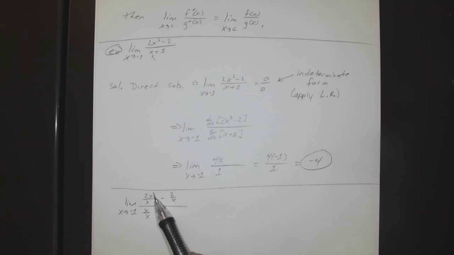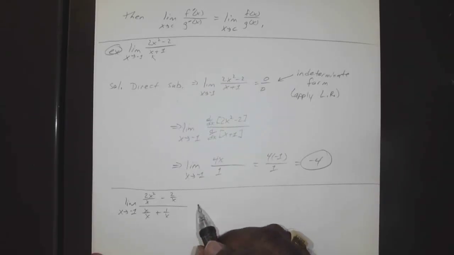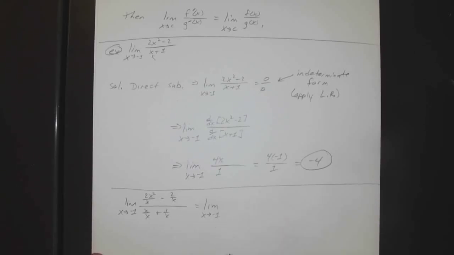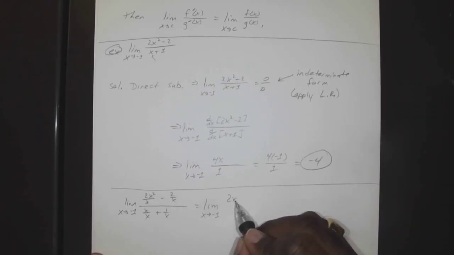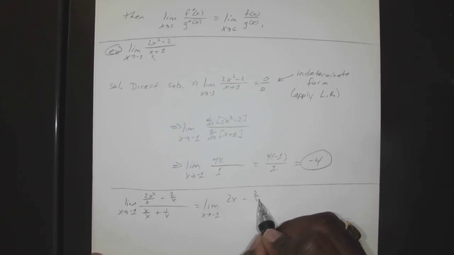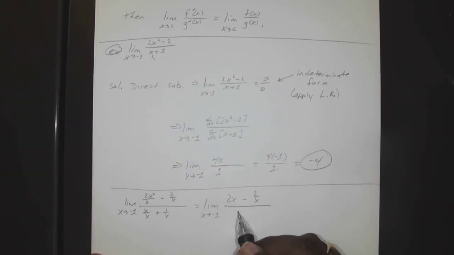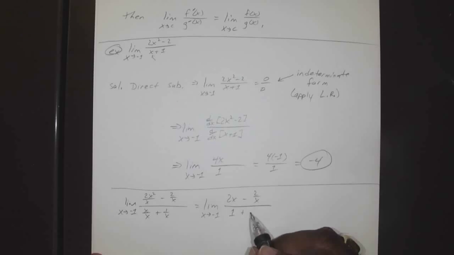Here we have your x squared divided by x. So you have the limit as x approaches negative 1 of 2x minus 2 over x, over 1 plus 1 over x. Oh, I'm missing something.